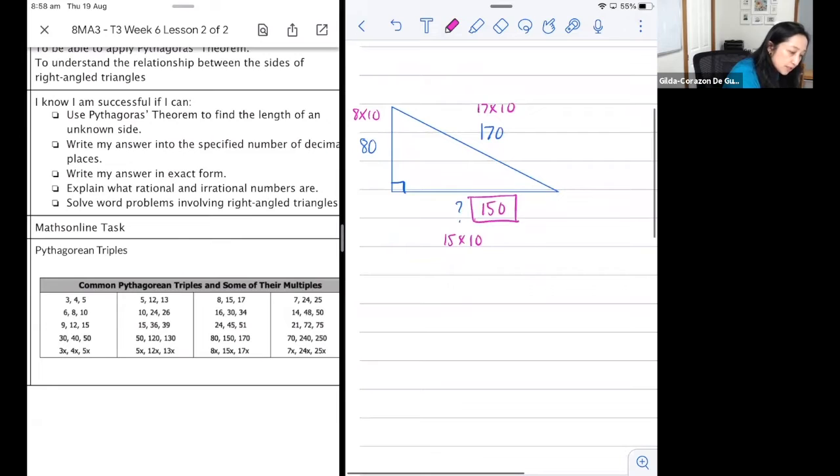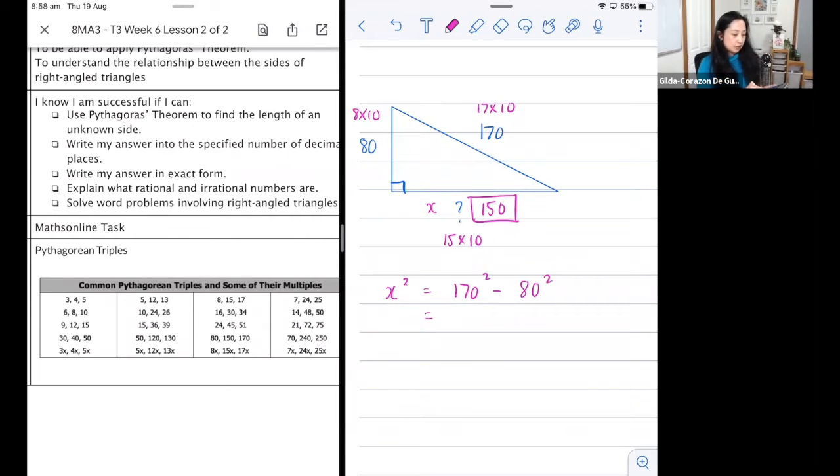So if this was missing as x, then we say x squared equals 170 squared minus 80 squared. Now I would have to use my calculator. 170 squared, I get 28,900, minus 80 squared, I get 6,400.